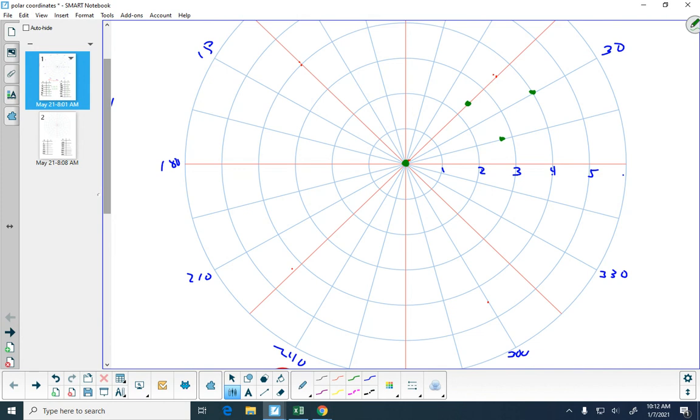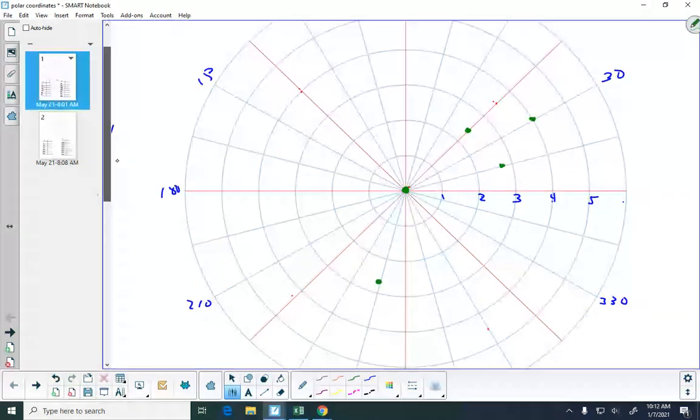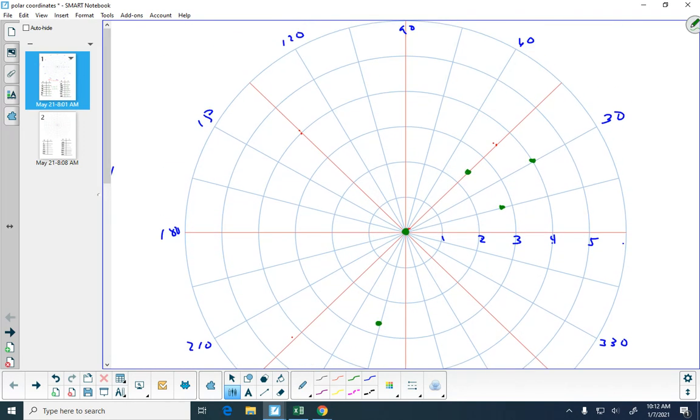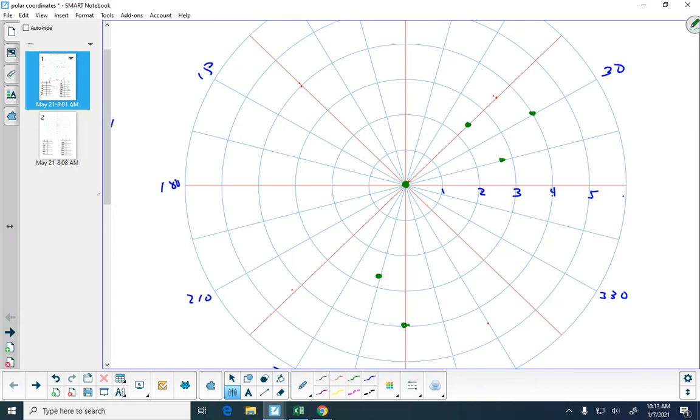We have to go out 2.8. So there's 1, 2, 2.8. At 90, we are at negative 4. So rather than going out 4 here, we have to go back 4. And then we're going to have a negative 2.8 again, and then we're back to 0.